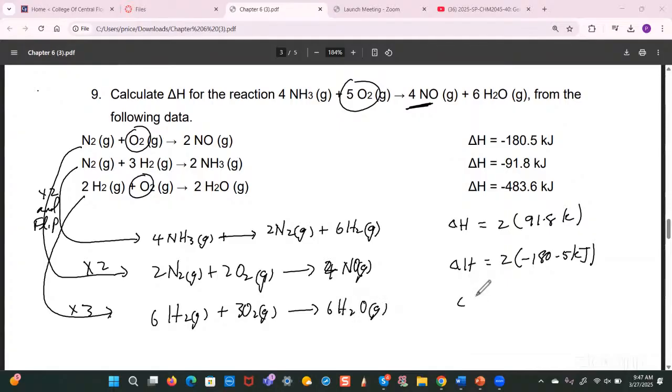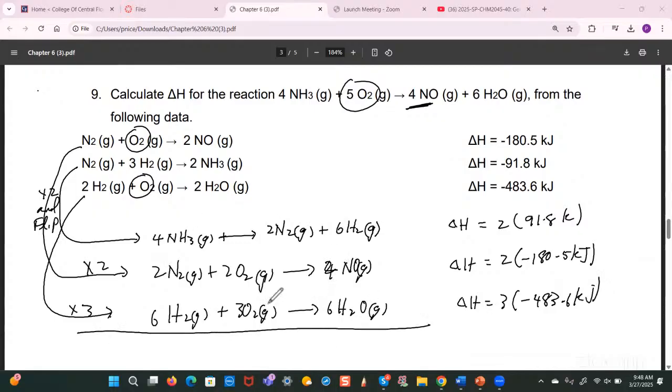And delta H for that would be equal to 3 times minus 483.6 kilojoules, all right?